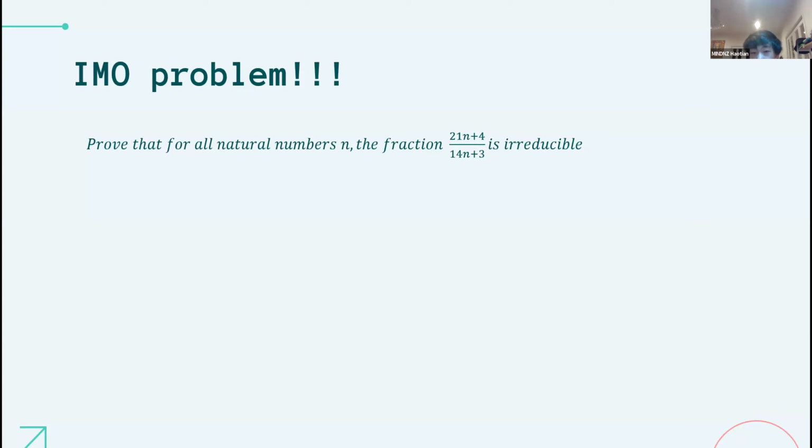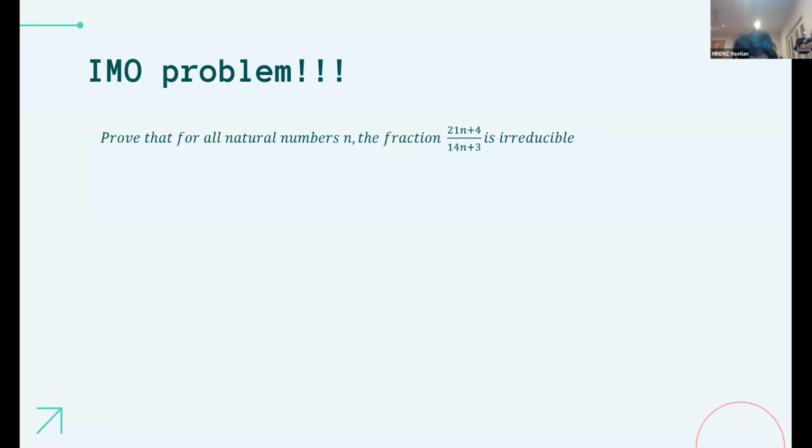Oh, okay, wait. Some people are confused about the term irreducible. So, for example, 12 over 8 is reducible because 12 over 8 is equal to 3 over 2. Yep, that's your hint. And for example, 3 over 2 is not reducible because you can't simplify the fraction further.